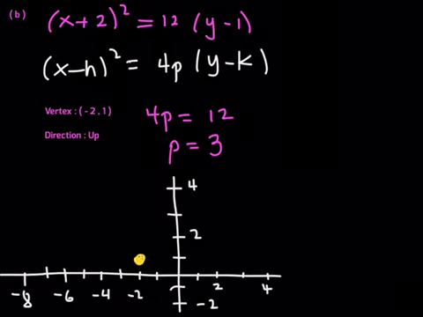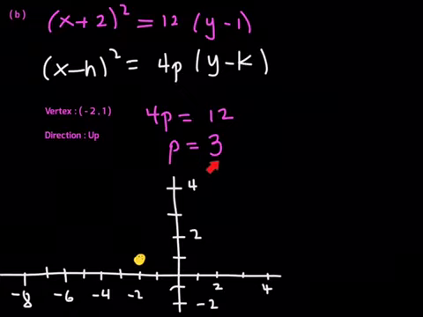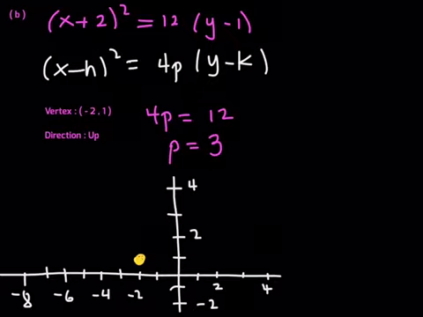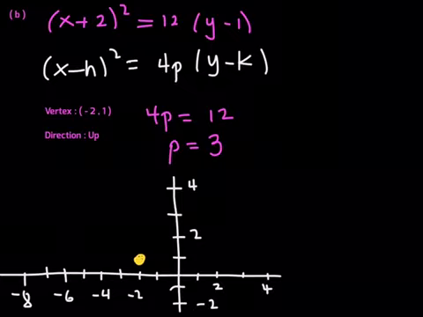And then the directrix is, since this parabola is going upward, going like this, guys, I know my directrix is going to be a horizontal line down here, right? Now, the horizontal line will be the directrix, and it will be found by moving 3 units down from the vertex. 3 units down from the vertex will drop you off at negative 2, negative 2.